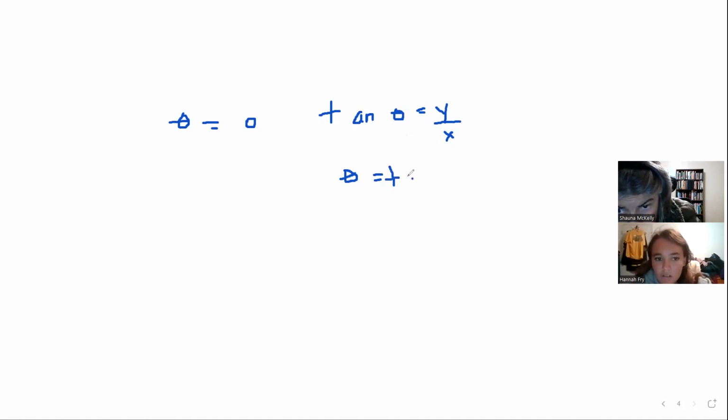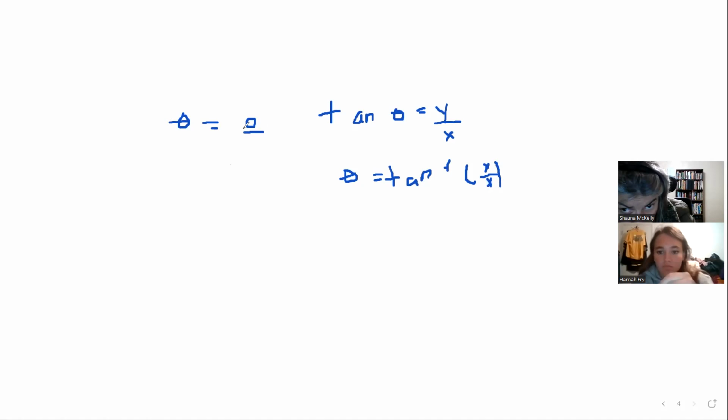Remember, theta is an angle, and it's the inverse tangent, or arctan, if you're used to writing arctan. Tangent inverse of y over x.